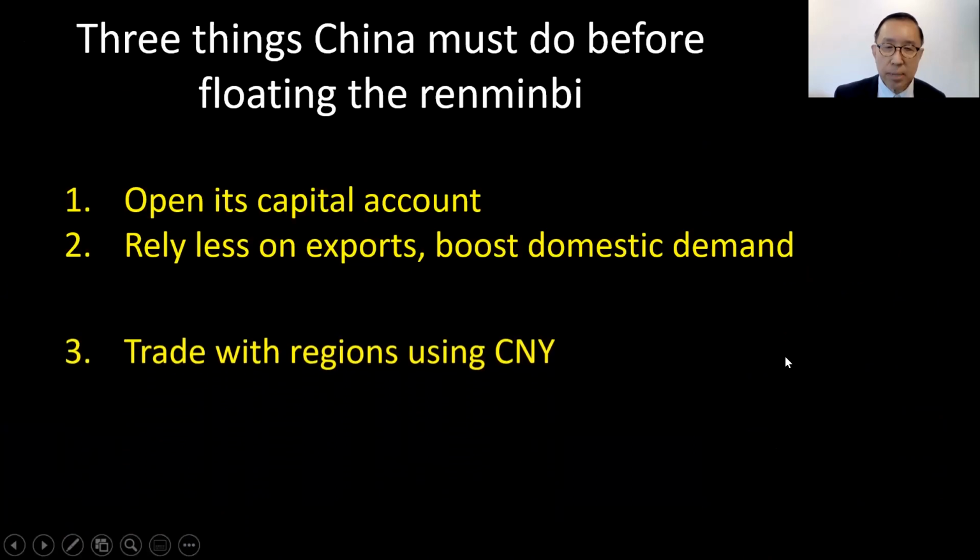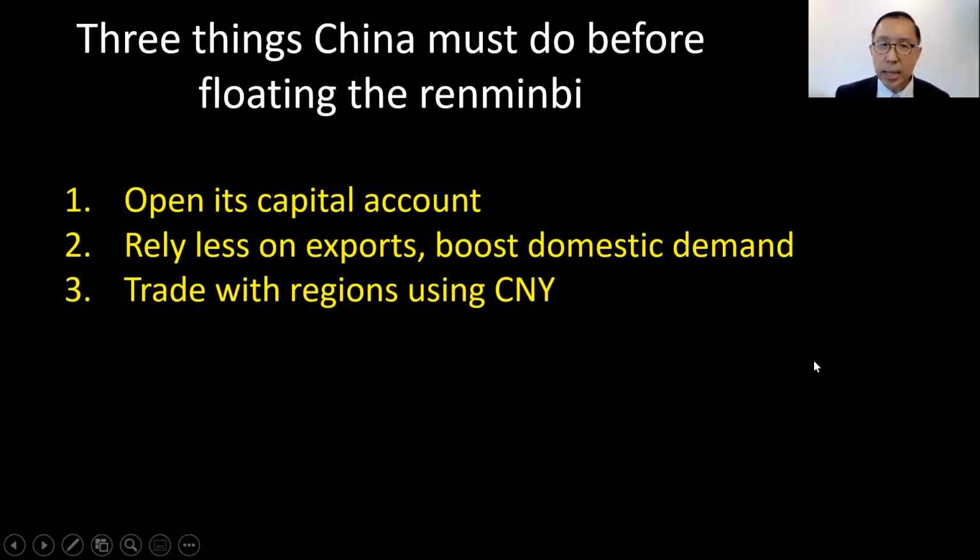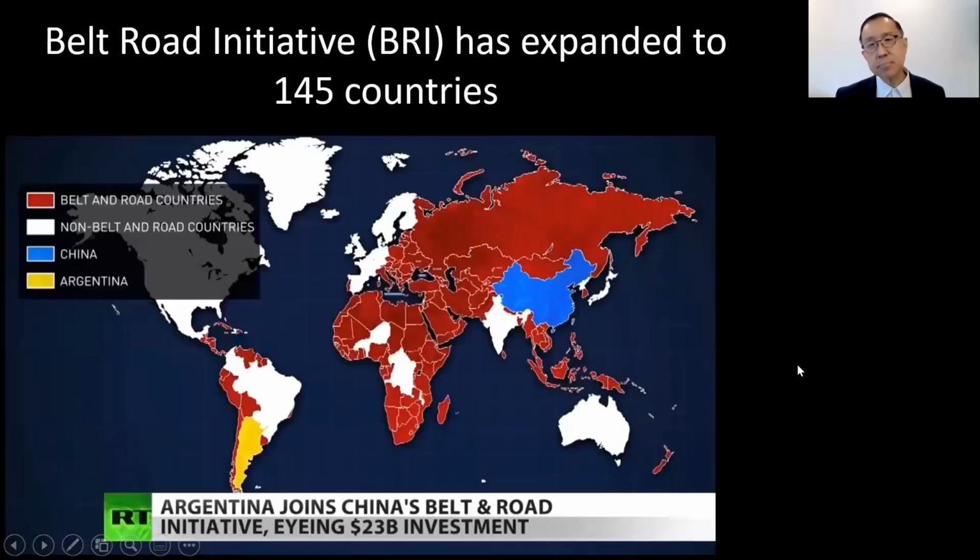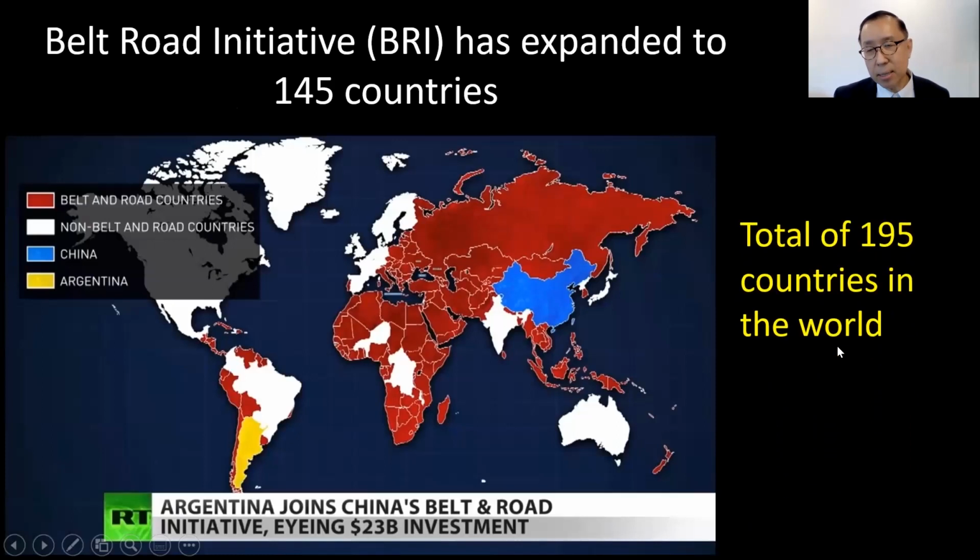The third thing China must do is make sure that more and more regions trade with China and start using the renminbi. Well, in 2013, China started the BRI, and today 145 countries have signed up, out of a total of 195 countries.